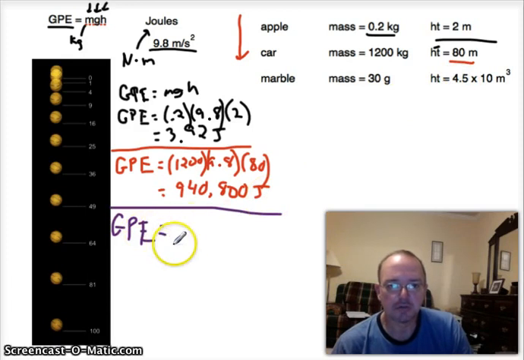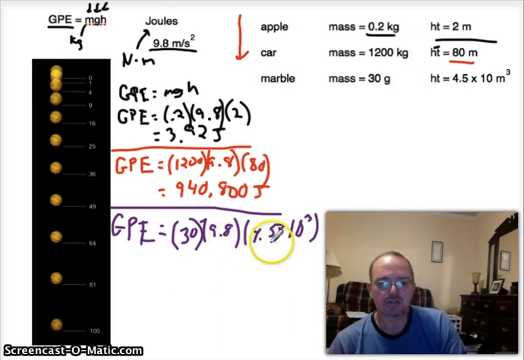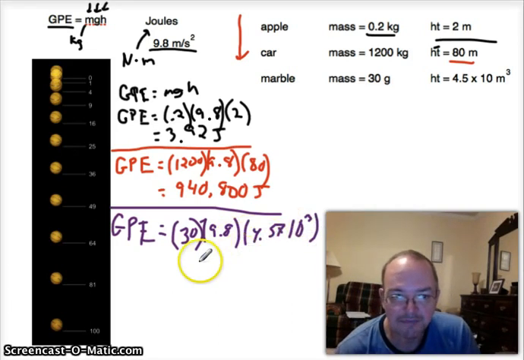GPE equals, the marble is 30 grams, nowhere near the size of the car, multiplied times the gravitational free fall, which is going to be 9.8 meters per second squared, multiplied times 4.5 times 10 to the third power. Now what I'm going to do, I'm going to multiply just times the 4.5, and then I'm going to end up adding the zeros after that. That's something you can do.